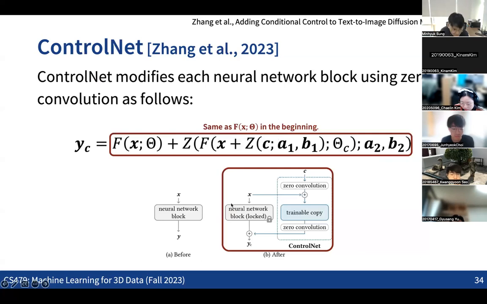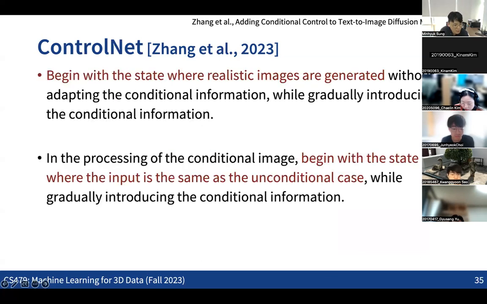Then we gradually adapt the whole architecture so that we can process the conditional information while combining it with the original input using the same architecture, so that the architecture can be easily adapted from the original unconditional case. So basically, this is the architecture choice for how we can make incremental changes from the unconditional case to the conditional case without breaking the whole network architecture.